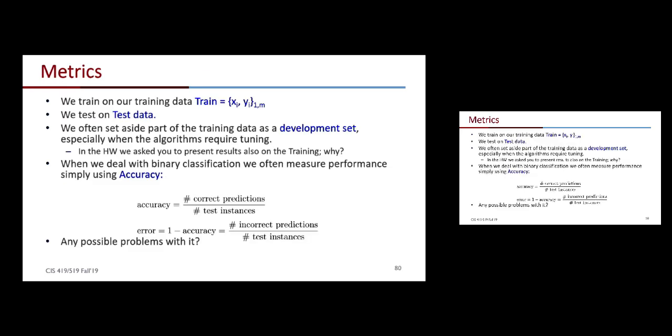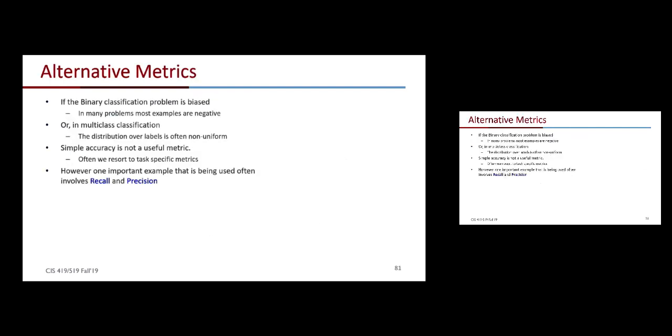If 95% or 99% of the data are negative examples, you can just say no, and your accuracy is very high, 95%. You're happy, but it's completely meaningless, right? Because you really care about your performance on the positive examples. And that's why the issue of cost is also relevant here. You care about your performance on positive examples, so just saying no isn't a solution.